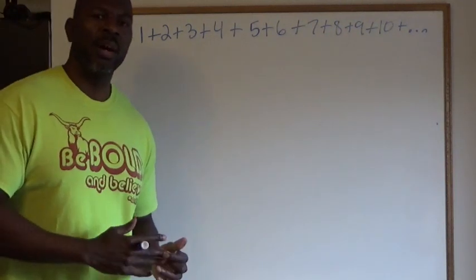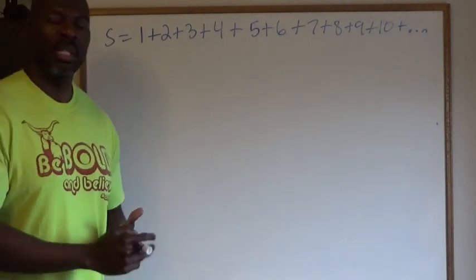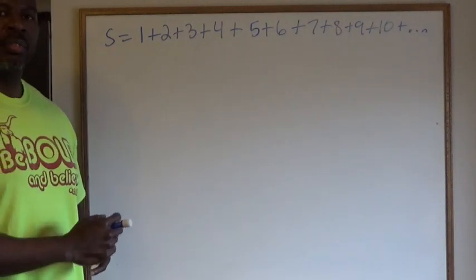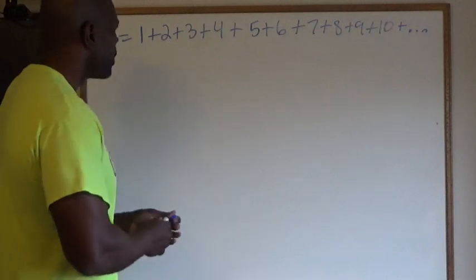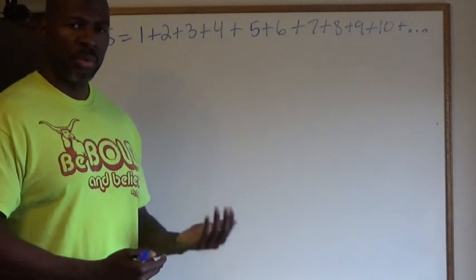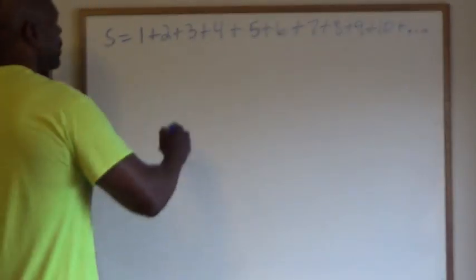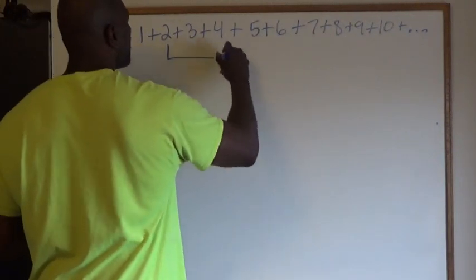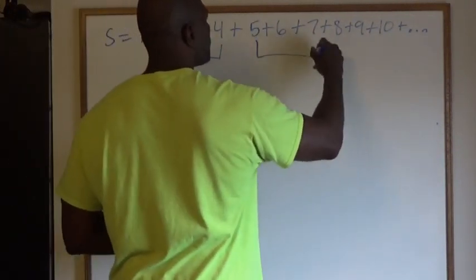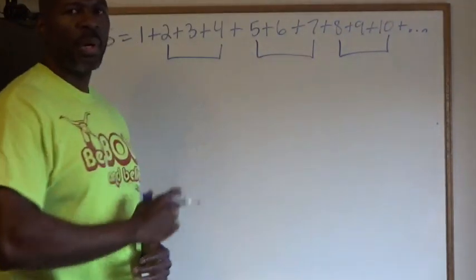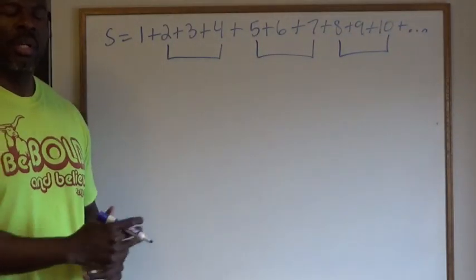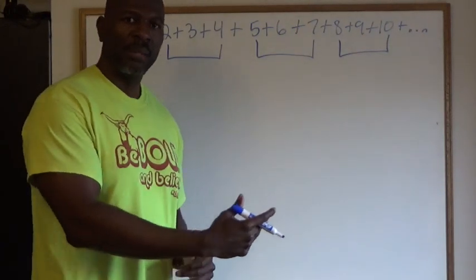So the method is all about breaking up these numbers into partitions of equal length. What I mean is I'm going to partition these numbers into groups of 3. So I'm going to take these 3, these 3, those 3, and I will continue partitioning off in groups of 3 all the way to infinity.